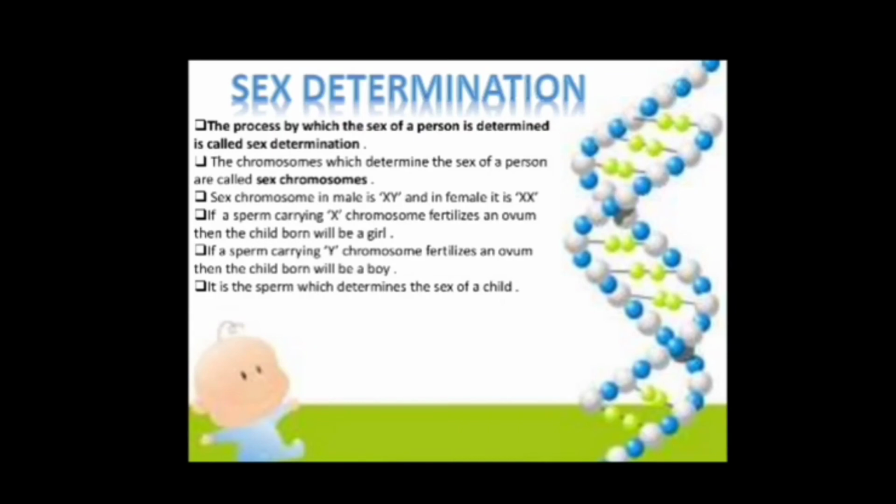Thus, in some animals, the temperature at which fertilized eggs are kept determines whether the animals developing in the eggs will be a male or a female. In other animals such as snails, individuals can change sex, indicating that sex is not genetically determined. However, in human beings, the sex of the individual is largely genetically determined. In other words, the genes inherited from our parents decide whether we will be a boy or a girl.